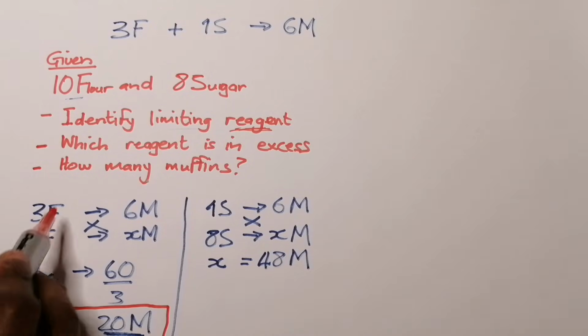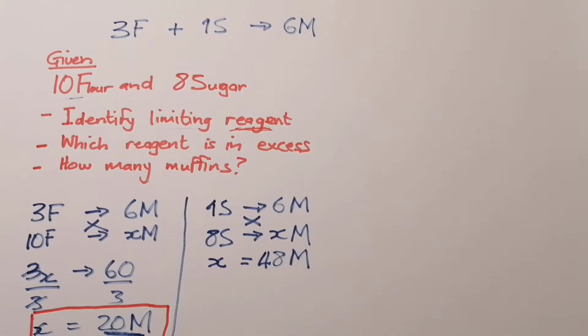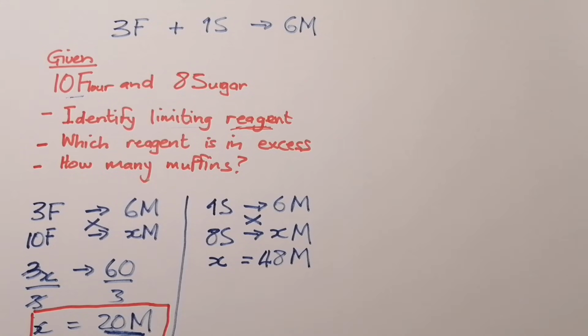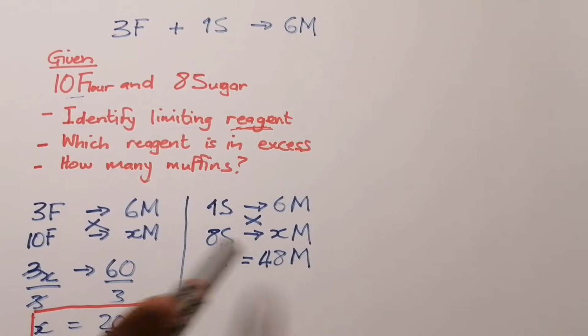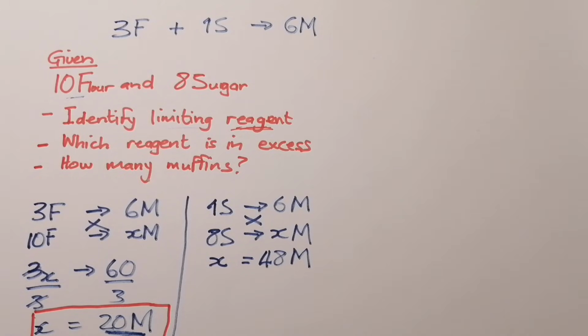Definitely it will be my flour. Why? Because even if I can produce 48 there, the amount of flour that I have can only get up to a maximum of 20, right? Once it gets to 20, flour says, I'm kaput, I'm finished, all right?